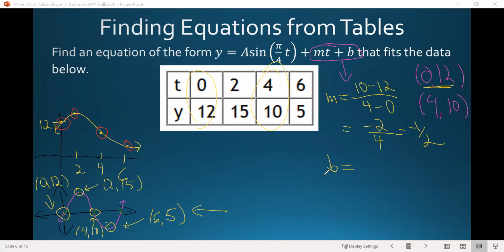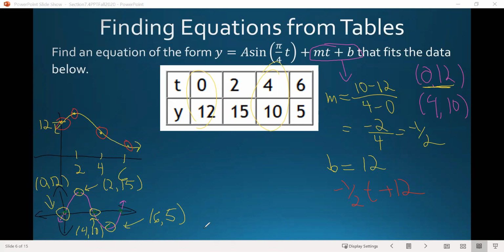And notice we already have that information right here, that point 0, 12 is the vertical intercept. So we know then that the value for b would be 12. So the equation for our midline would be negative 1/2 for m, t plus the value for b, which is 12. Okay, and now we have our midline.